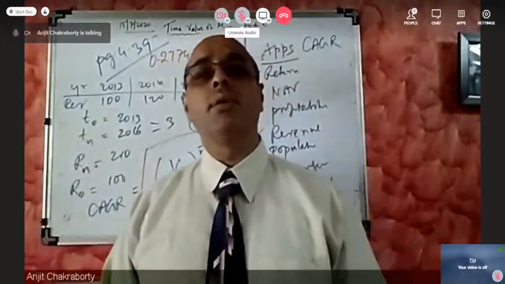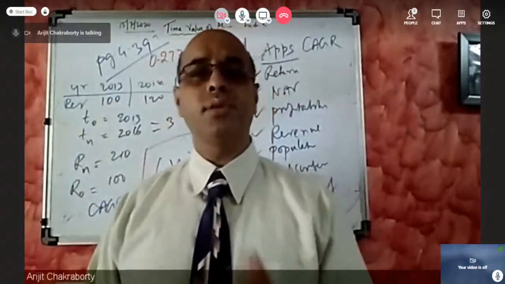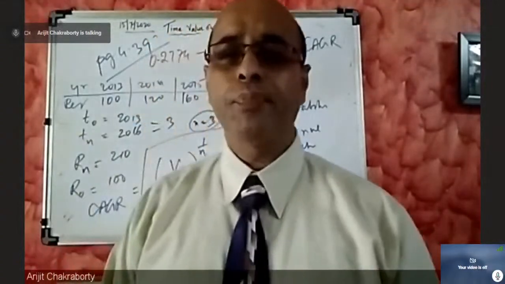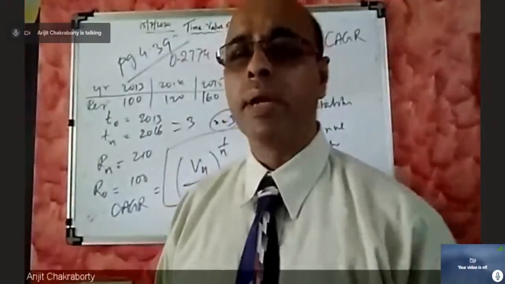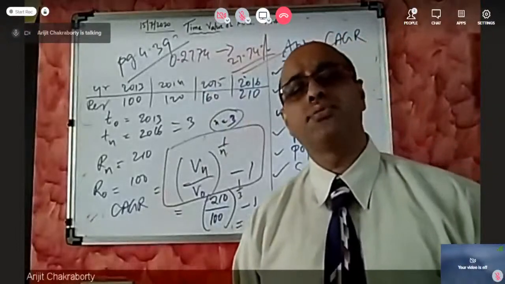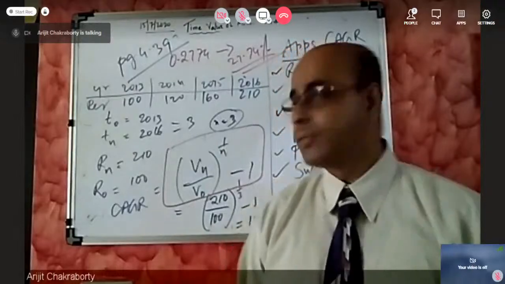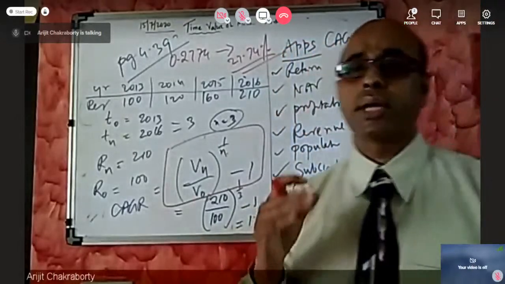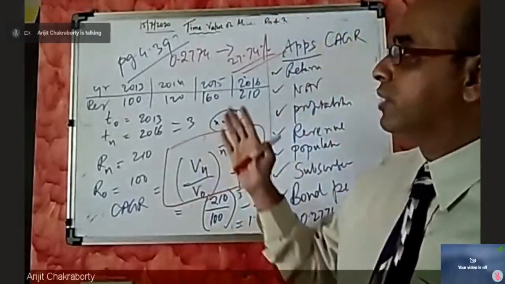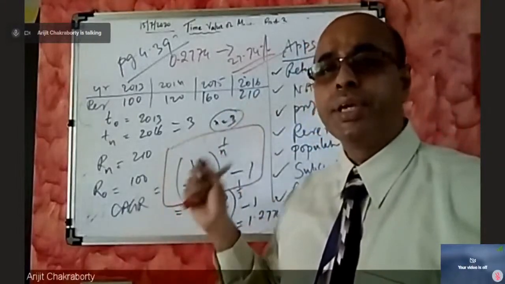Plus, we also discussed the shortcut formulas to be used for the difference of compound interest and simple interest depending on the duration: when the duration is up to 2 years, then 3 years, then 4 years. Finally, we completed with the discussion on the net present value.